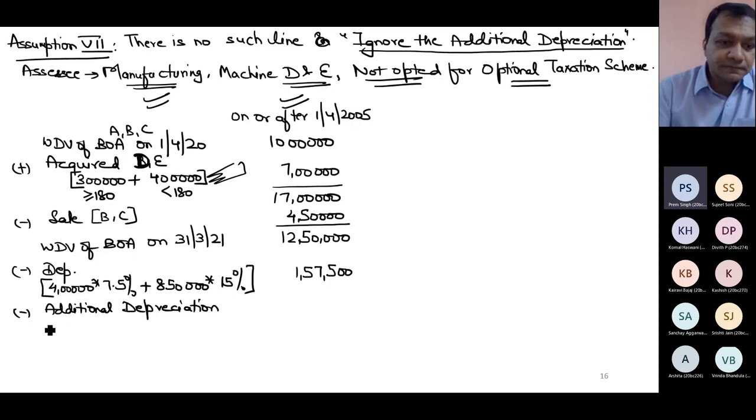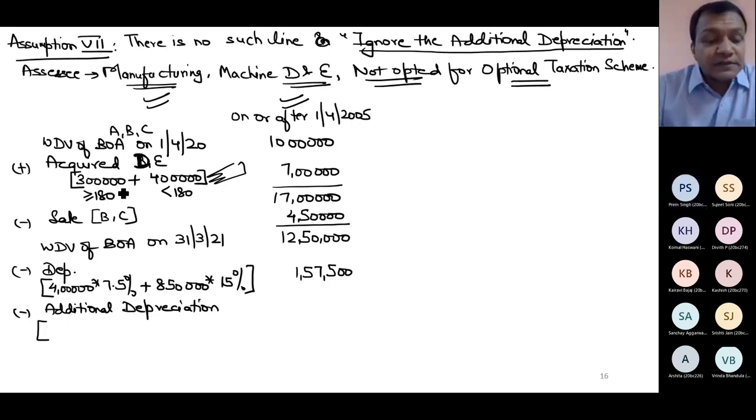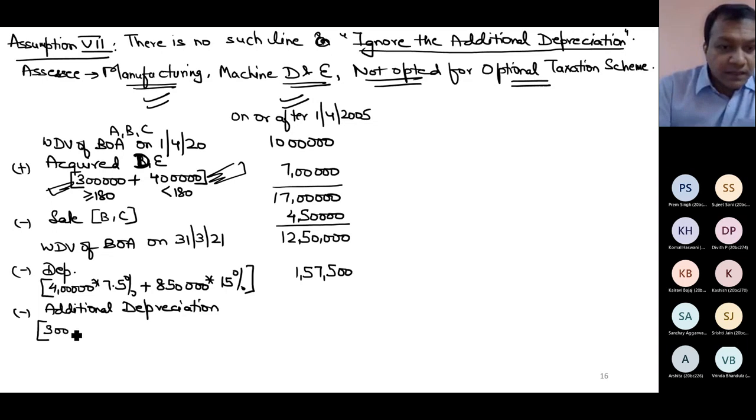Sir, 10% of actual cost. No, 20%. 10% is only when the asset is put to use for less than 180 days. This is also new. So on 3 lakh into 20%, plus on this 4 lakh, since it is put to use for less than 180 days, into 10%.